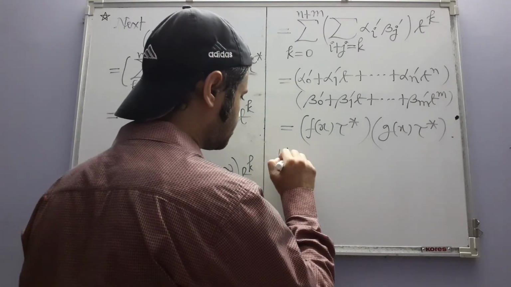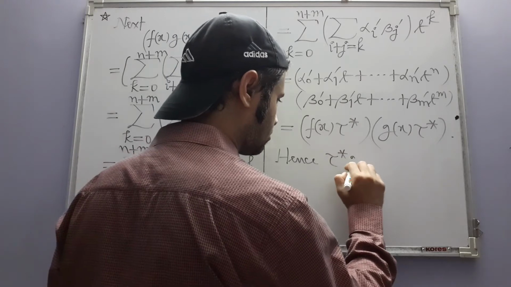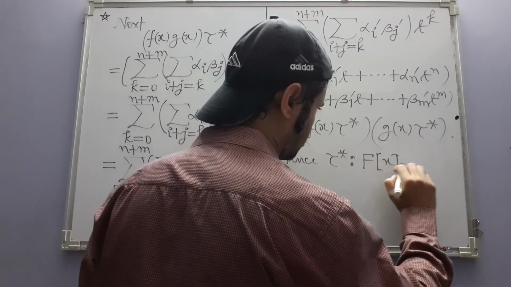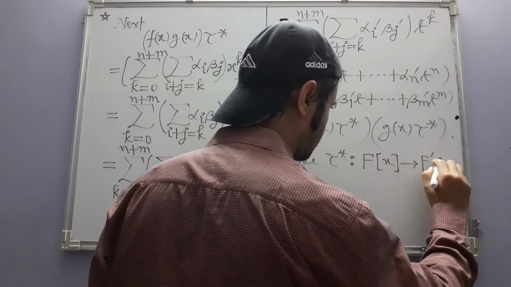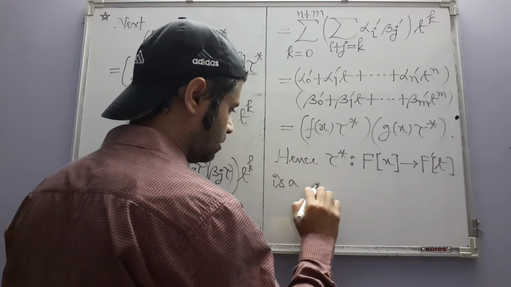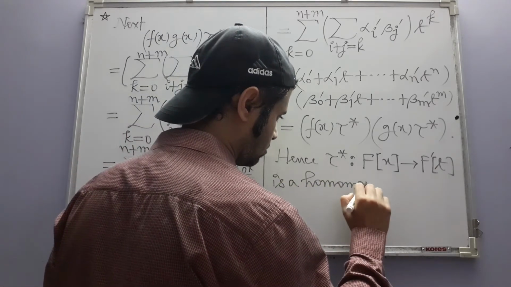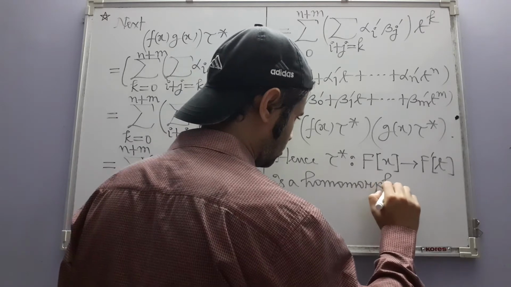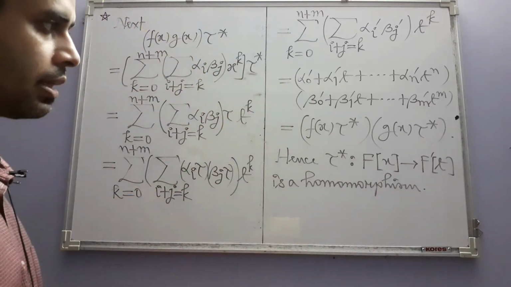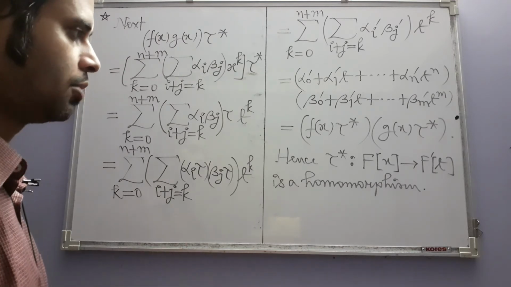Hence, tau star is a homomorphism. Since we are dealing with fields and rings, it's understood we are talking about ring homomorphism.